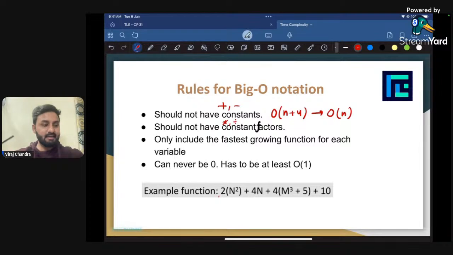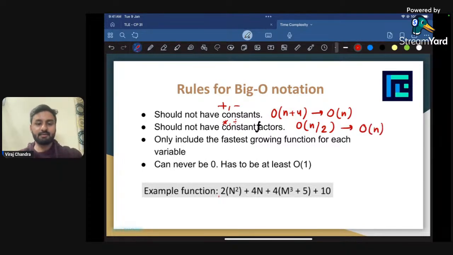Let's say your time complexity was n by 2. Conventionally, you will not report it as n by 2, because this by 2 is a constant factor. So you will say your time complexity should be written as O of n. This by 2 will be removed.